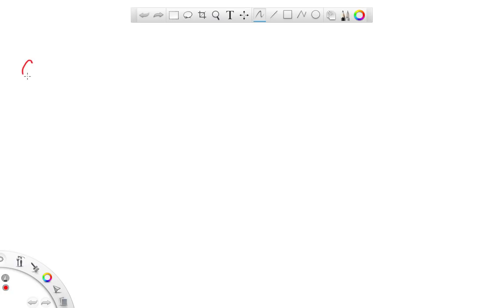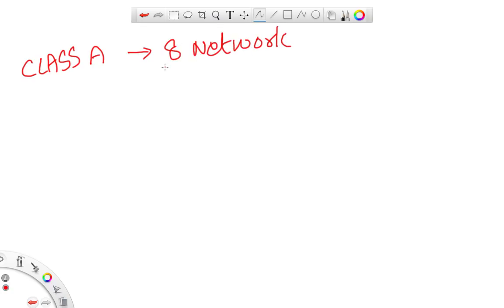So if it is a class A, how many bits did we have for the network? 8 bits, right? So our subnet mask for this will be 1, 2, 3, 4, 5, 6, 7, 8, and all the rest zeros.